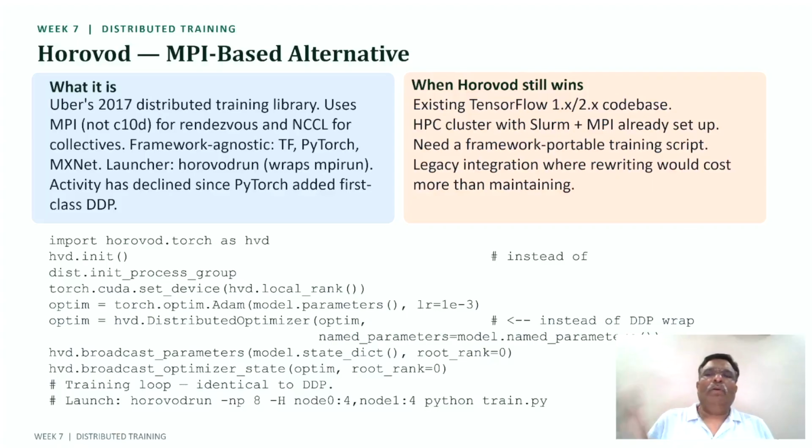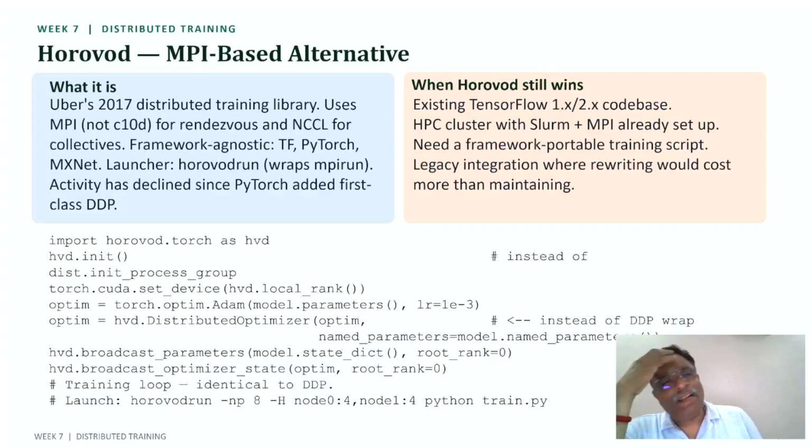Just for academic interest, Horovod is an MPI-based alternative, and it was actually Uber's distributed training library. It uses MPI, and it does not use C10D for rendezvous and NCCL for collectives. It is framework agnostic, which means you can use TF, PyTorch, MXNet. The launcher is horovodrun, and it basically wraps mpirun.